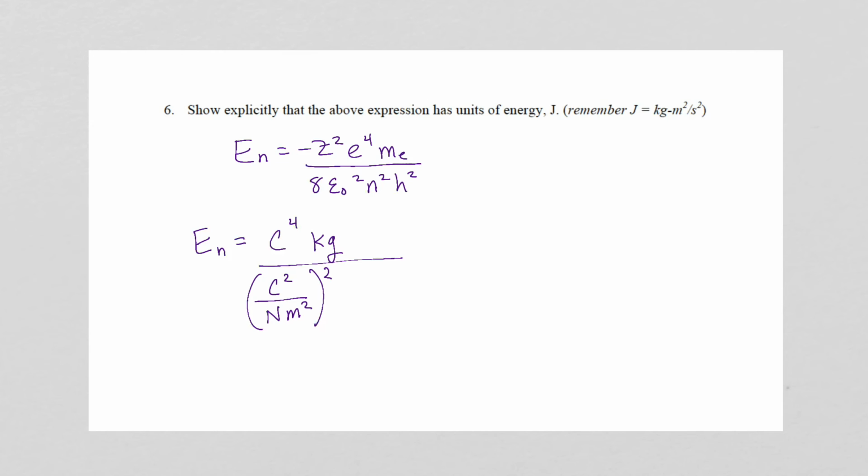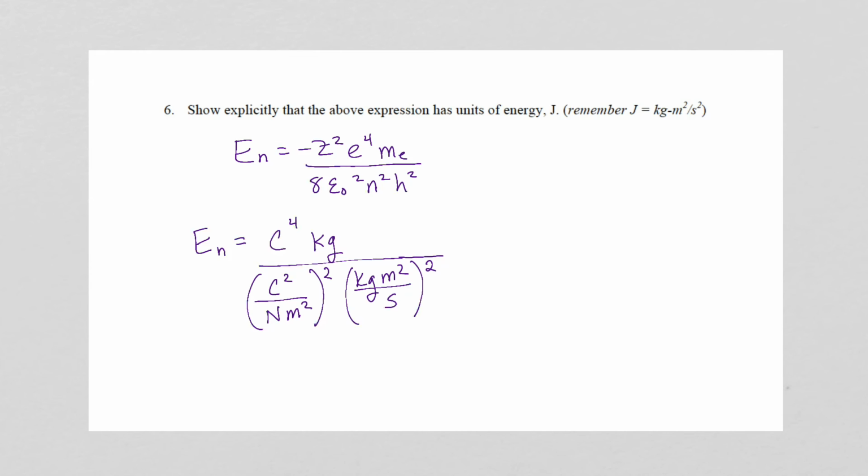Okay, and then n has no units, and we're left with our Planck's constant, which we know has units of kilogram meter squared per second. But be careful, that critter is also squared.